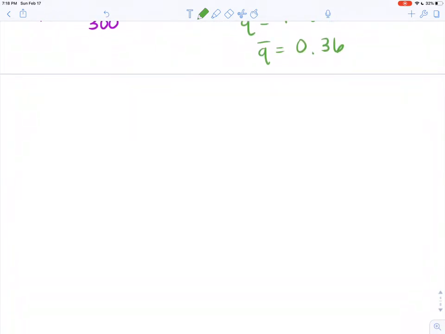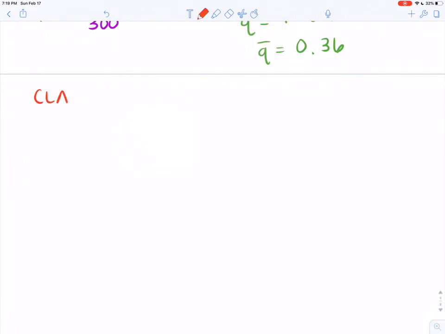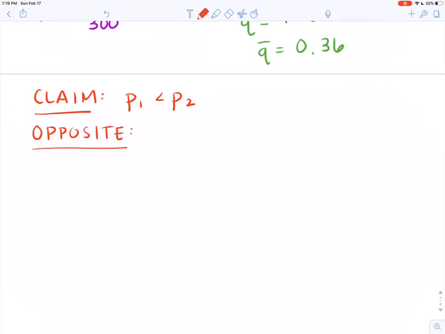Okay, so now we're ready to set up our test. Remember, we had a claim that P1 was less than P2. Proportion for the first group, less than the proportion for the second group. So just like I always do to set up my test, I'm going to look at the claim, and I'm going to look at its opposite.